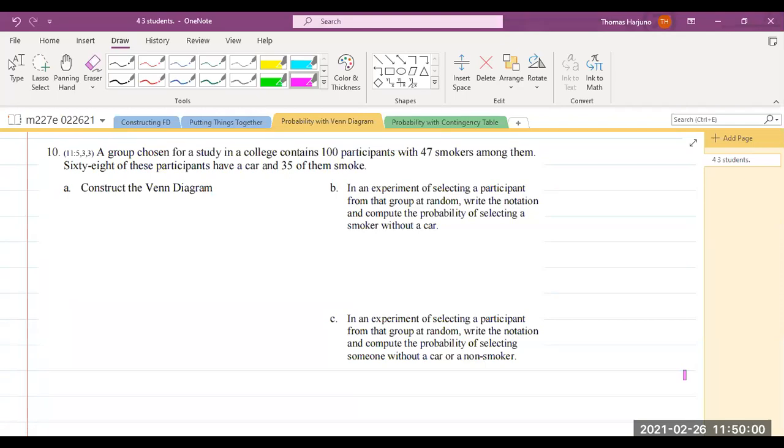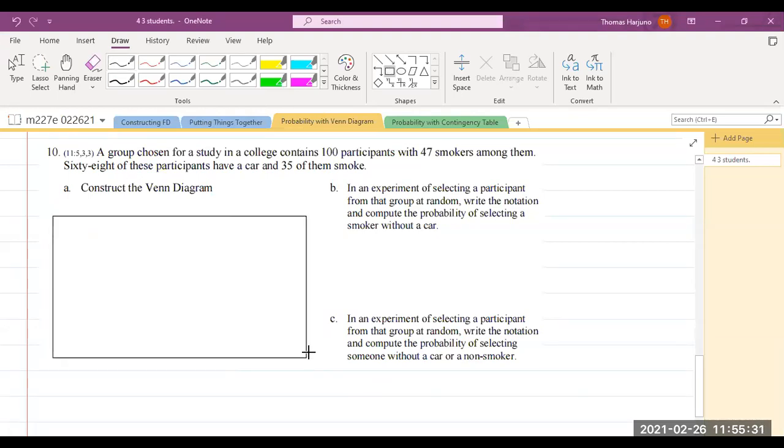Construct the Venn diagram. So it's about, do they smoke? Do they have a car? Okay, so those are the two circles you will have. Let me give you another 5 minutes to do this. Okay, let me start working on that. If you're not done, just continue working on that.